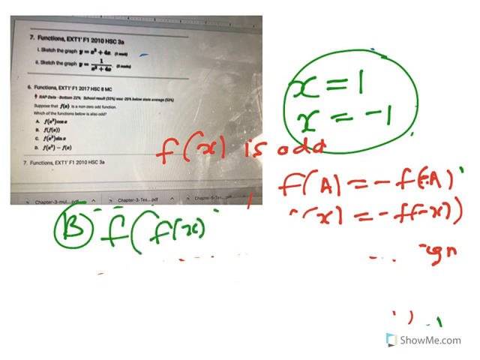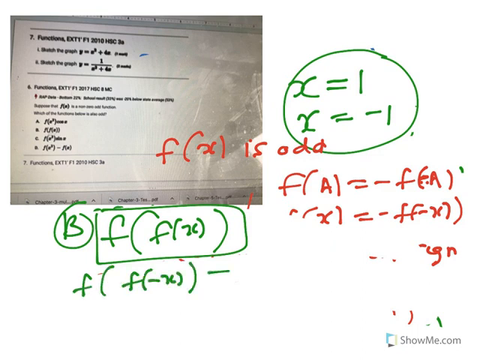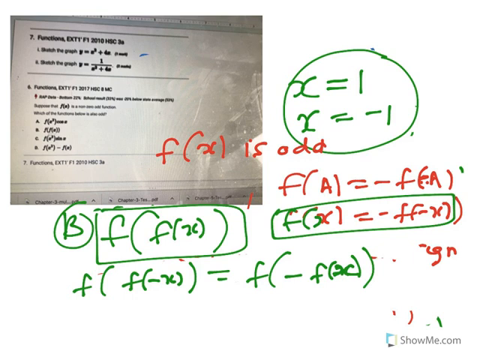B is f of x. So if I put in a positive x, that's what I get. If I put in a negative x, I get this. So that's f of minus x equals minus f of x, because that's from the original statement up here. So f of minus x will equal minus f of x.